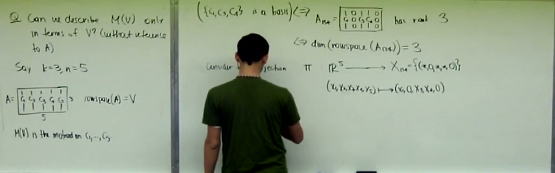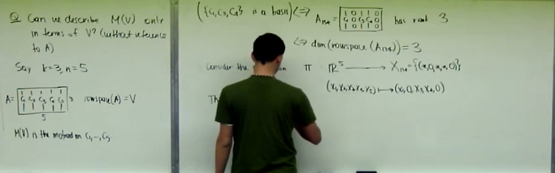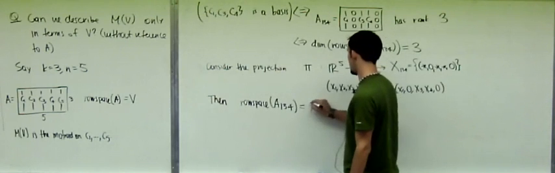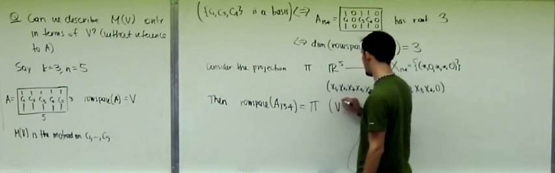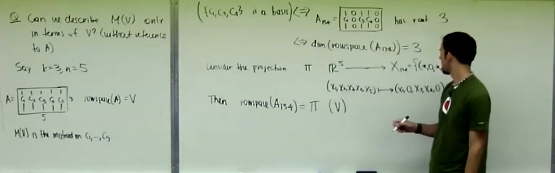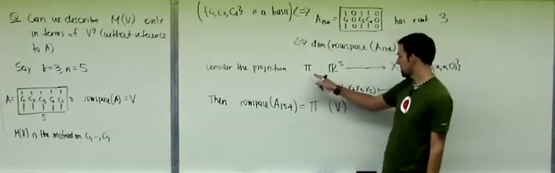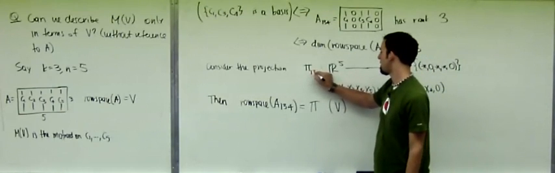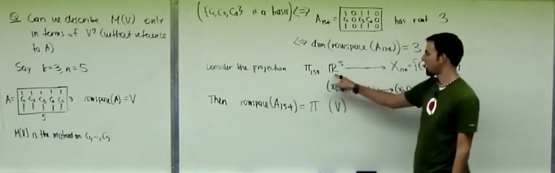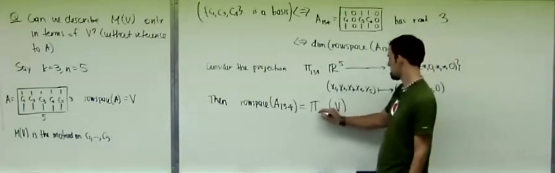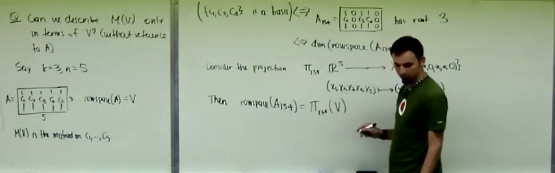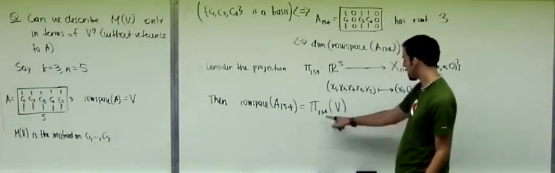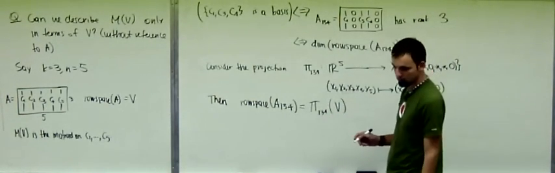And just to make clear which projection this is, I'm going to call it pi134, the projection of R5 into those three coordinates. Row space of A134 is pi134 of V.